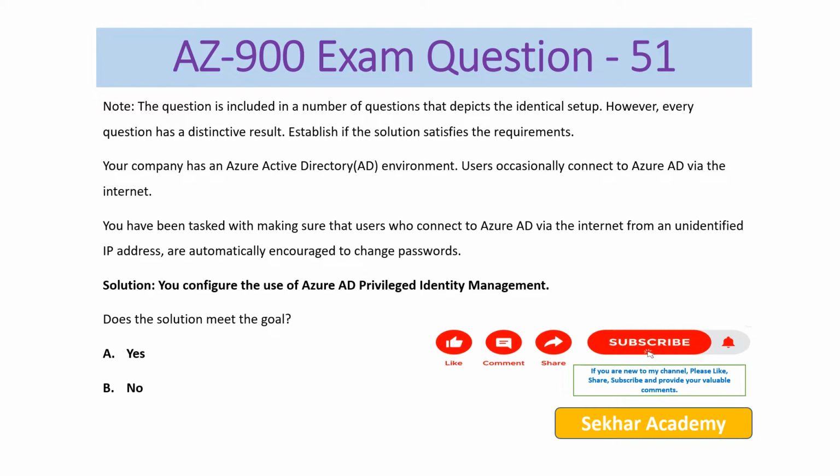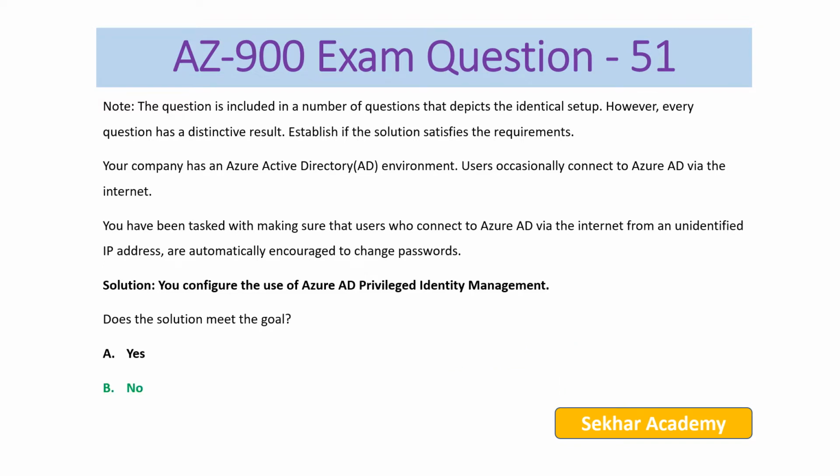The solution is here. You configure the use of Azure AD Privileged Identity Management. Does the solution meet the goal? The options are A, yes, B, no. The right answer is option B. Azure AD Privileged Identity Management is a premium functionality that allows you to discover, restrict, and monitor privileged identities and their access to resources, but also enforce on-demand, just-in-time administrative access when needed.